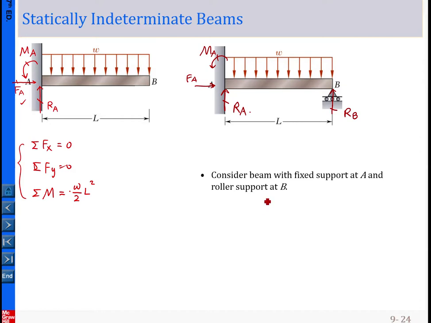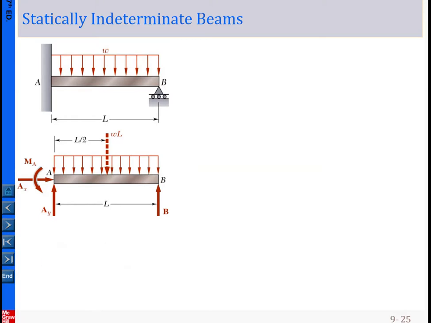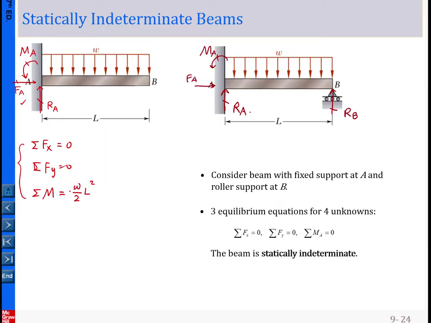So here we expect 4 unknowns, 1, 2, 3, and 4. However, we only have 3 equilibrium equations. So 4 unknowns with 3 equilibrium equations, per our understanding, is a typical statically indeterminate problem.